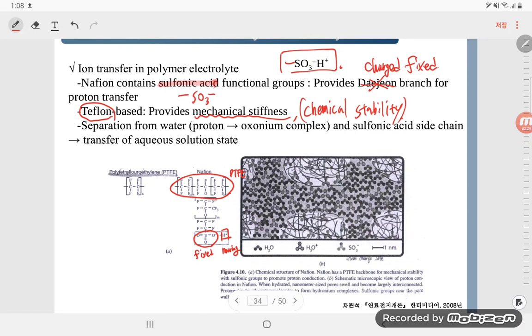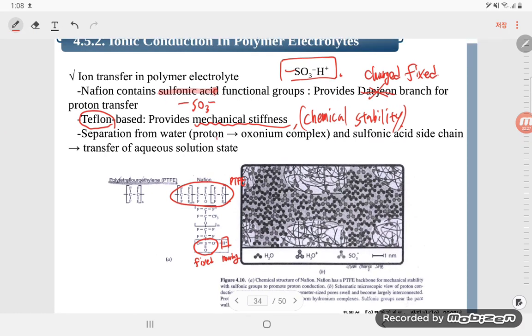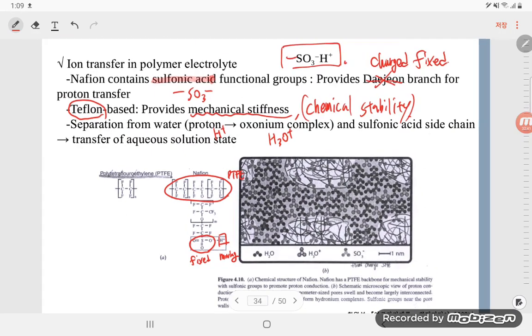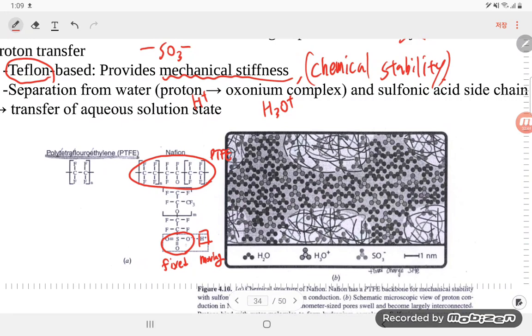And on separation from the water, the proton exists as an oxonium ion on the sulfonic acid side chain. Transfer occurs in the aqueous solution state. This means there is a channel of this fixed charge one, and this acts as a channel, a water channel.